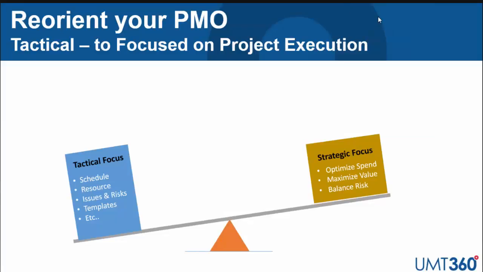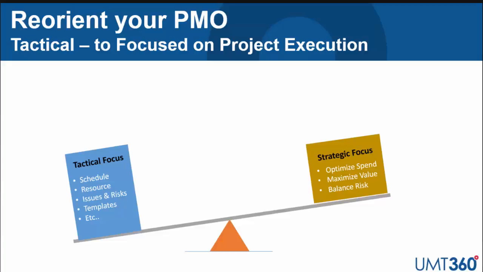So one of the key problems in the value erosion is that today I think many PMOs are too focused on the important but tactical aspects of project delivery, things like schedule management, resource management, issues, risk management. Now, I'm not downplaying the importance of these activities. They're extremely important.